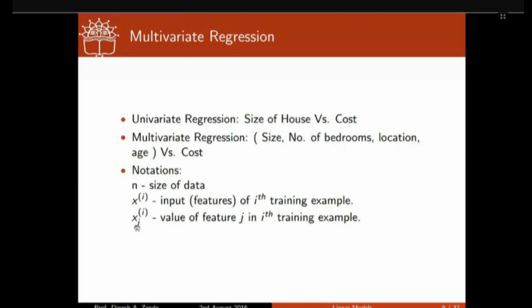If you put j in the subscript, the notation changes depending on the book, resources, or literature you refer to. So x_j^i is the value of feature j in the ith training example. How many features are there? There may be, say, d features. So I will put the feature number in the subscript and the sample number in the superscript.